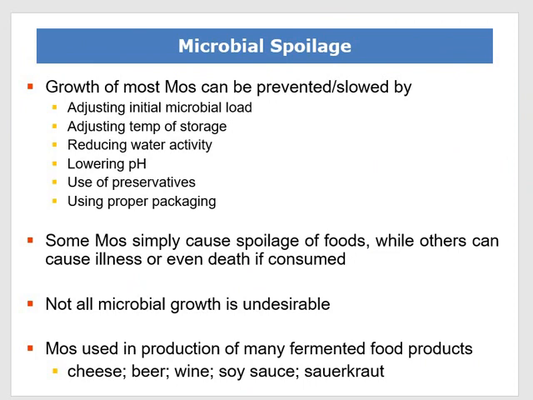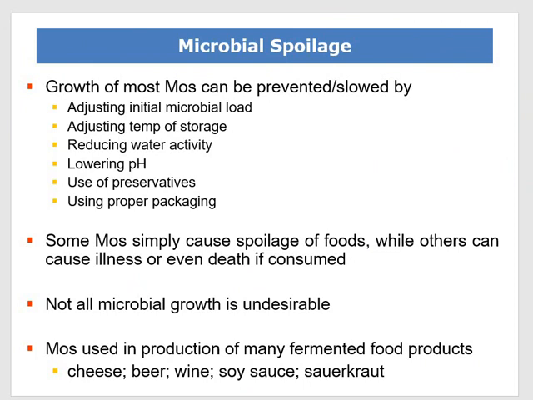We also lower the pH, though lowering the pH is not effective for all microorganisms. Most microorganisms don't grow under lowered pH, but we have acidophiles that love acid. All in all, lowering of pH will result in a reduction in microbial growth of most microorganisms. We use preservatives like benzoic acid and nisin and others that can reduce the microorganisms.